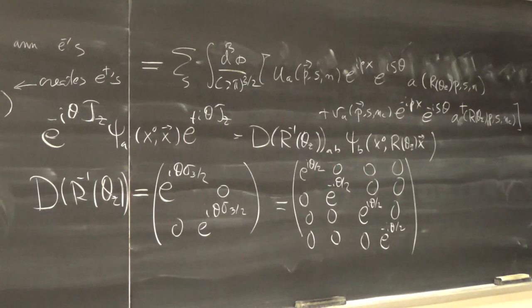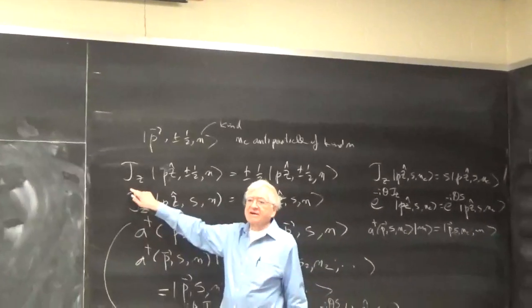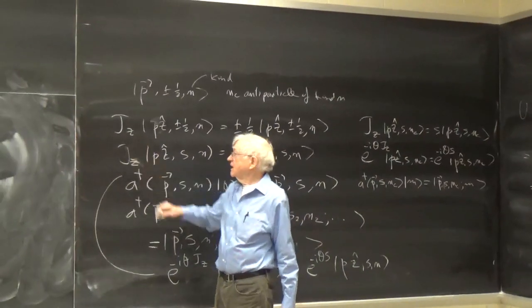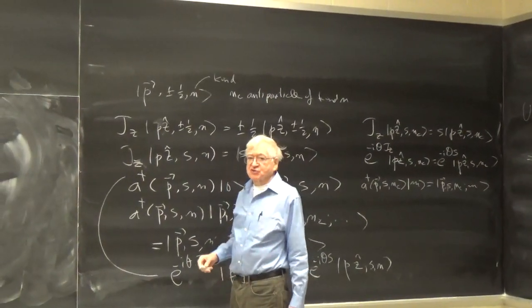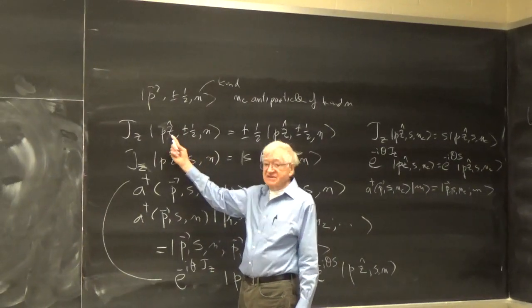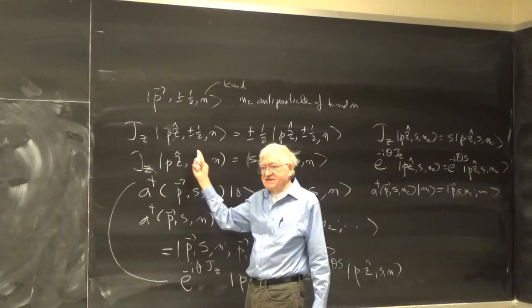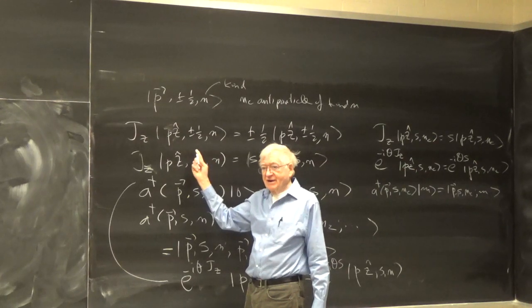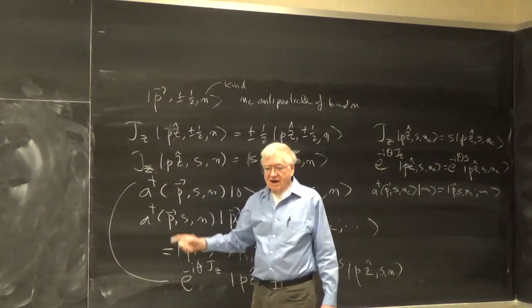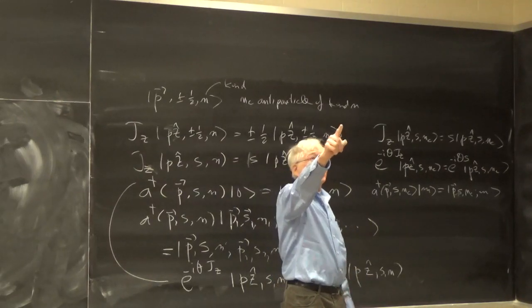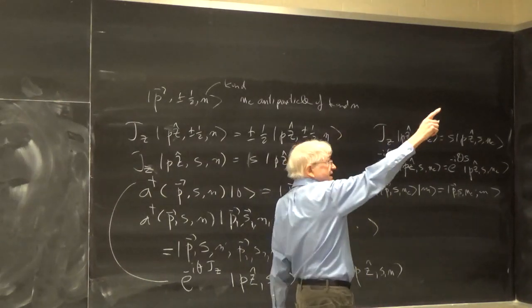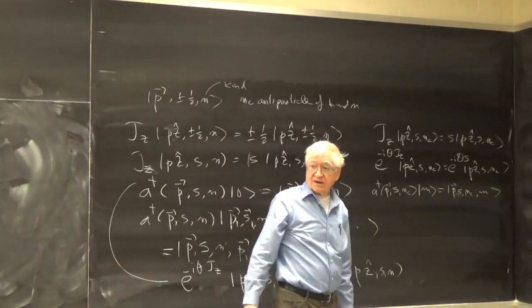Awesome. You see, I wanted to say that this state was an eigenstate of angular momentum. And that's true if p is in the z direction. If p is not in the z direction, it's not an eigenstate of angular momentum. Because if your momentum is this way and you rotate about the z-axis, then you turn it into that, you see. Oh, I see.